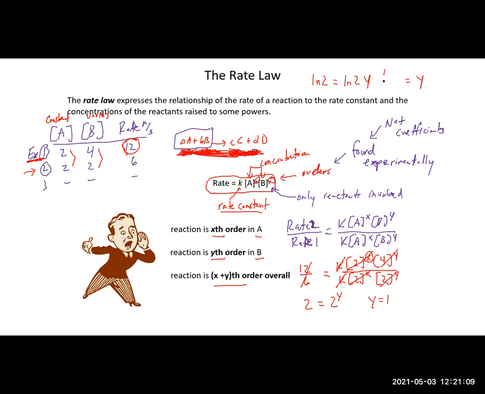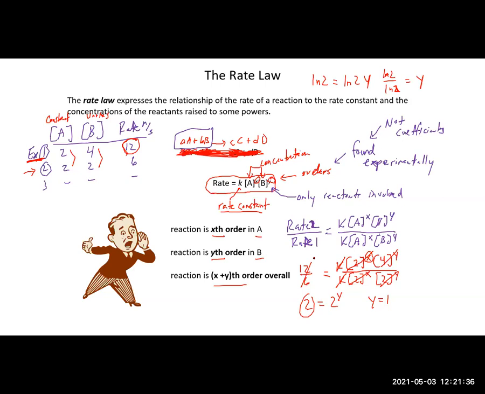So if you get a number that's not easy to visualize, basically take the natural log of both sides and then divide it out, and that will get you to your number. And in this case, if you did that, you get 0.693 on top, 0.693 on the bottom, which gives you a y value of 1 when it's all said and done. Question on that?